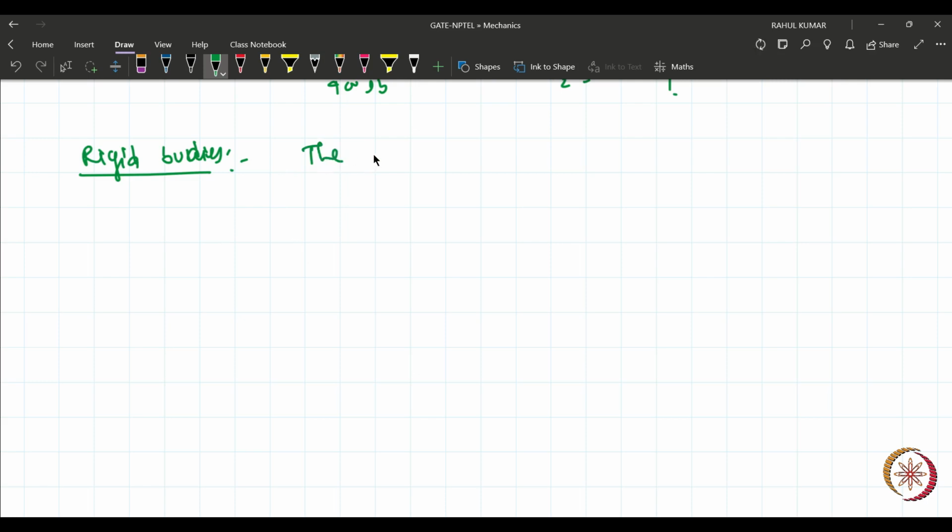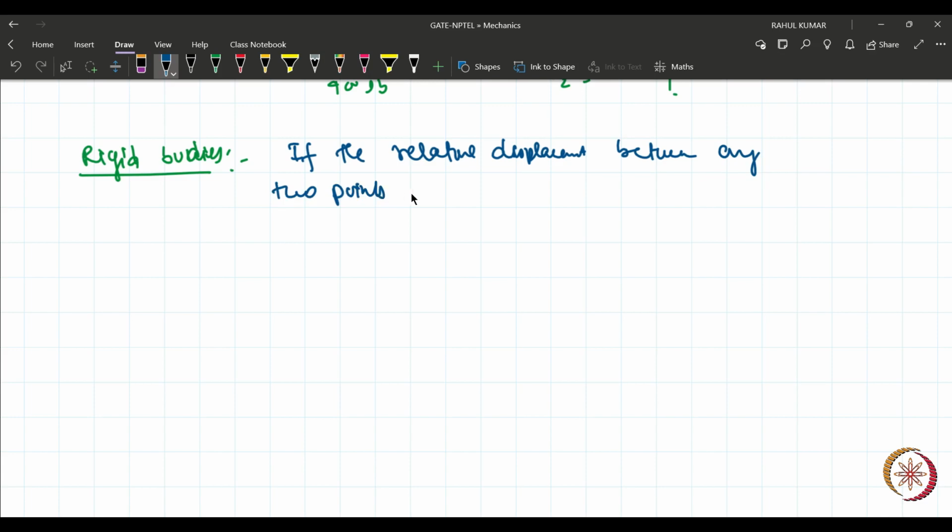A body is rigid if the relative displacement between any 2 points on the body will remain the same after motion.